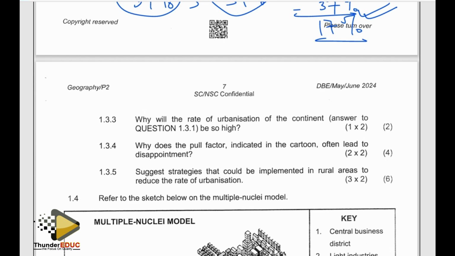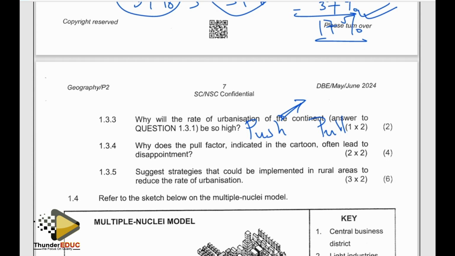You explain it from either the push side or the pull side. If you explain it on the side of push factors, you look at what drives or forces people away from rural areas. What is uncomfortable that makes people want to move out of rural areas to go and stay in cities and towns?